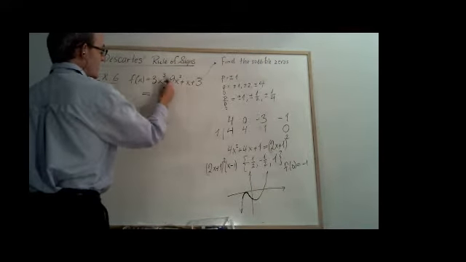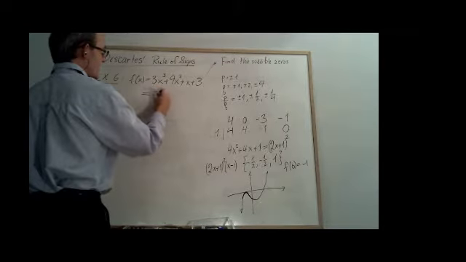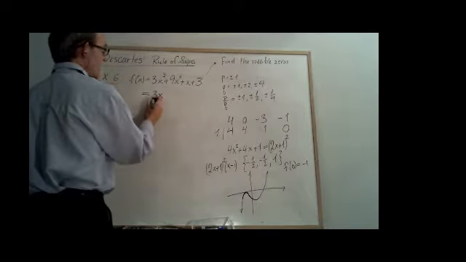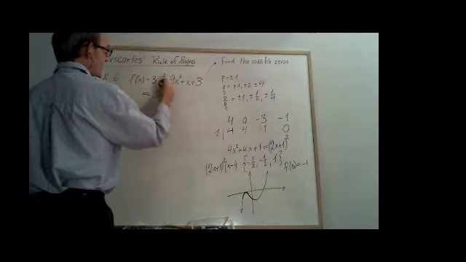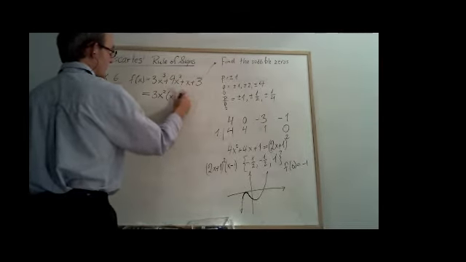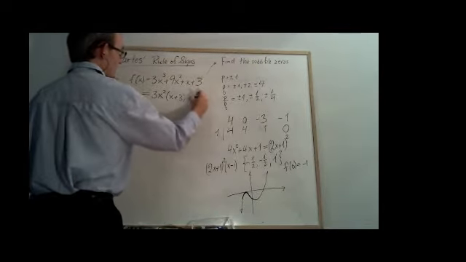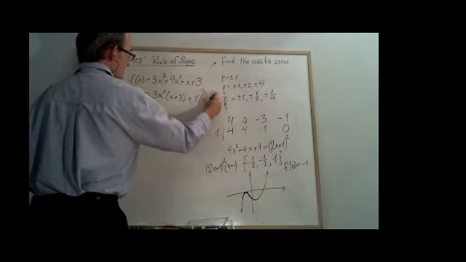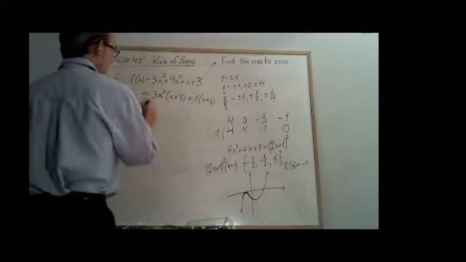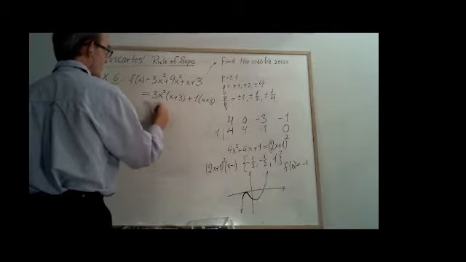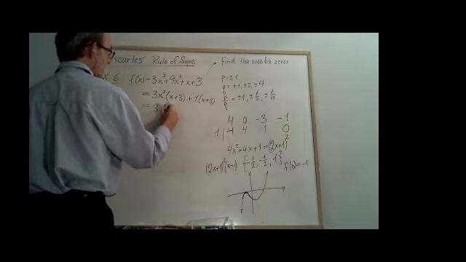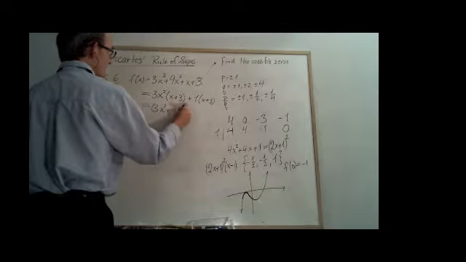If you group this factor and take out the common part, it's 3x squared, then you're left with x plus 3. And here, taking out 1 gives you the same factor left over, x plus 3. So you combine them, and you get 3x squared plus 1 times x plus 3.